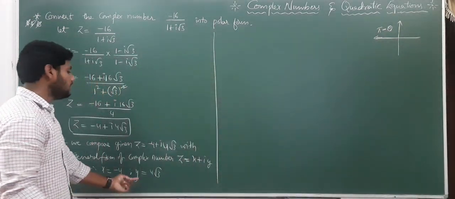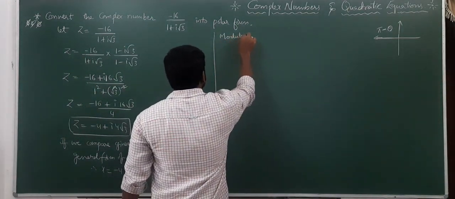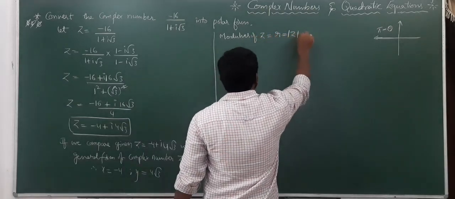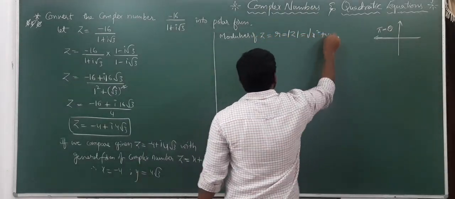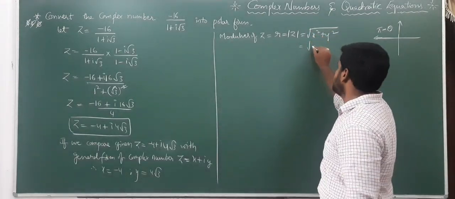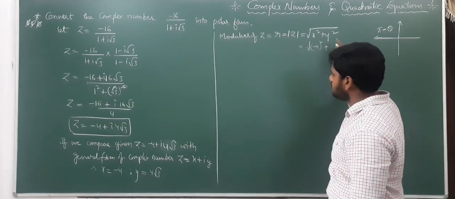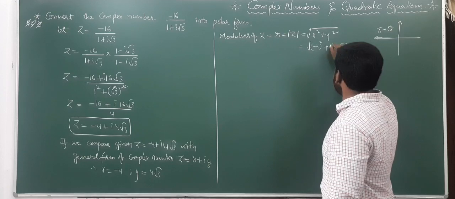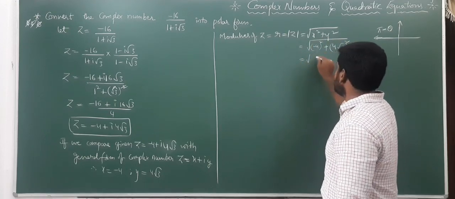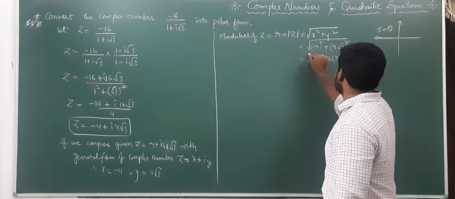As you got the x value and y value, what is the modulus of z? Modulus of z, which is equal to r, is equal to square root of x square plus y square. This is the formula. Square root of minus 4 whole square plus 4 root 3 whole square, which results in square root of 16 plus 16 into 3.